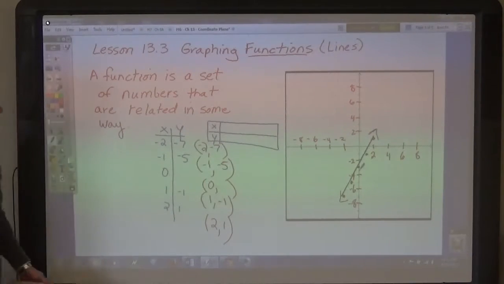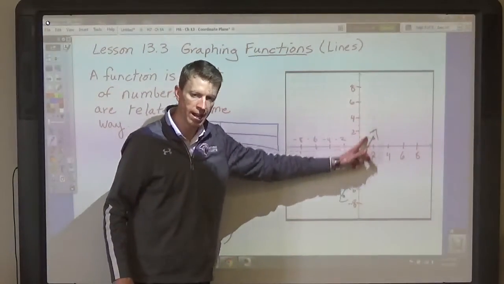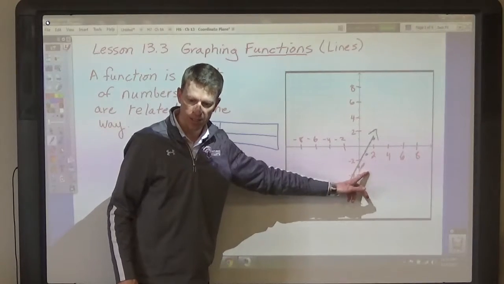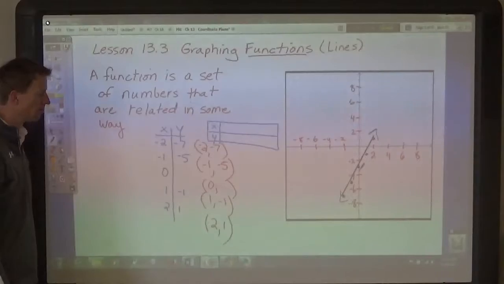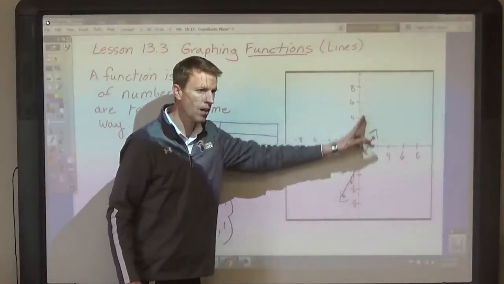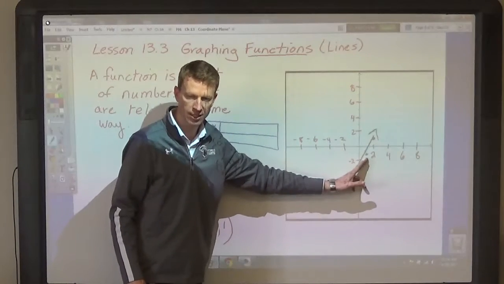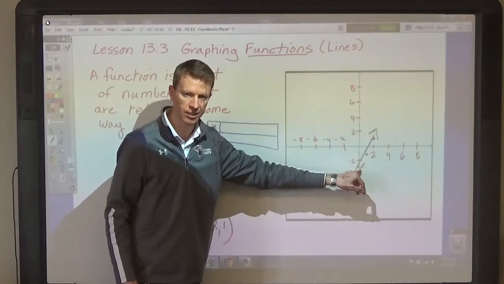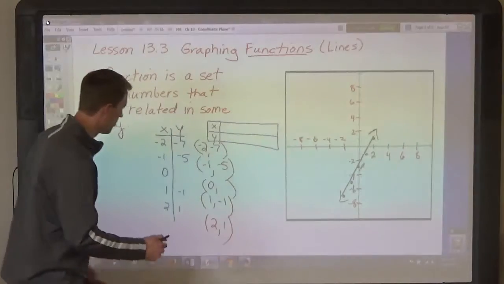What you'll notice is that the line does go through the y-axis, the 0 line. And so using the line, you can figure out which number is missing. When x is 0, in other words, when you are on the y-axis, because you haven't moved right or left at all, x is 0. Where does the line cross the y-axis? Negative 3.